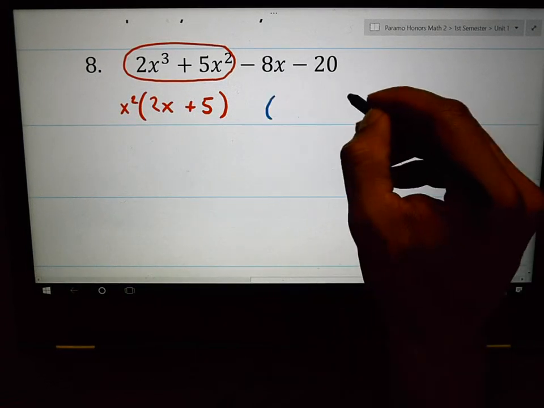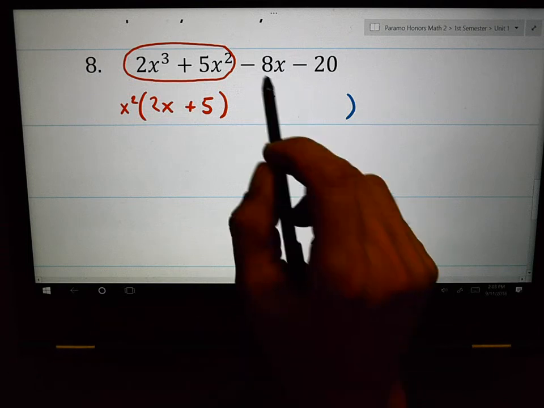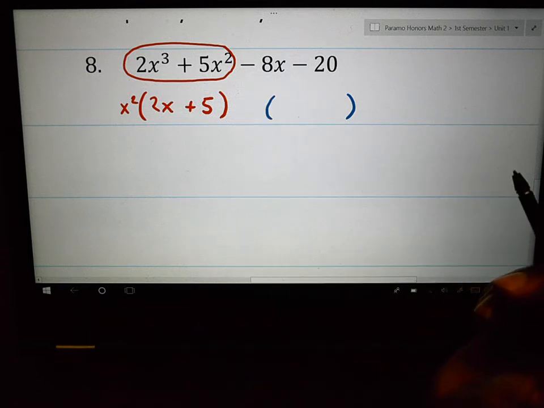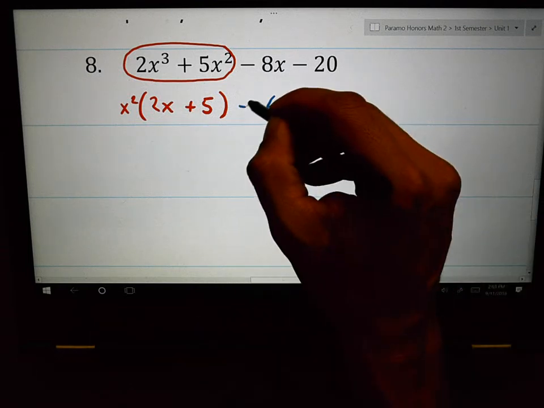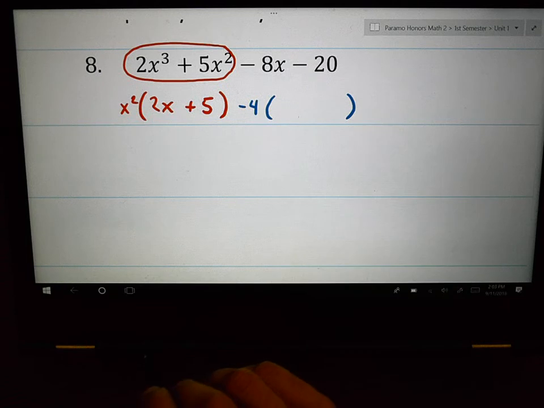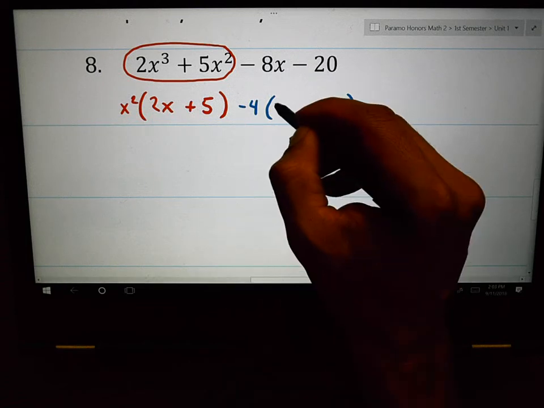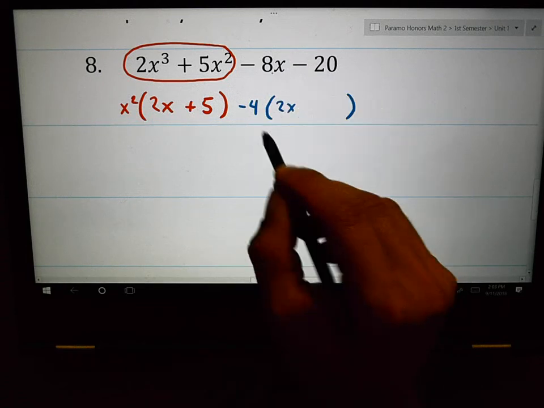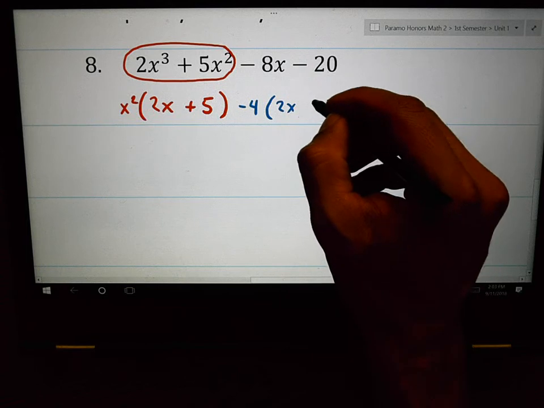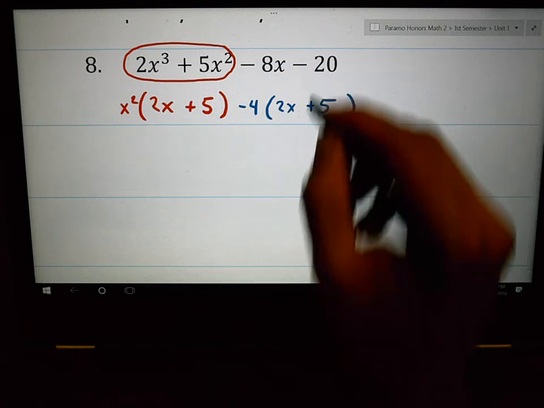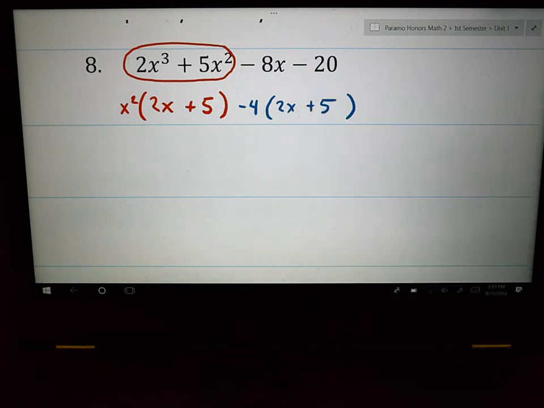A negative something or a something. A negative 4. Now a negative 4 times a positive 2x is a negative 8x. A negative 4 times a positive 5 would equal a negative 20. This blue group is being subtracted by the red group.